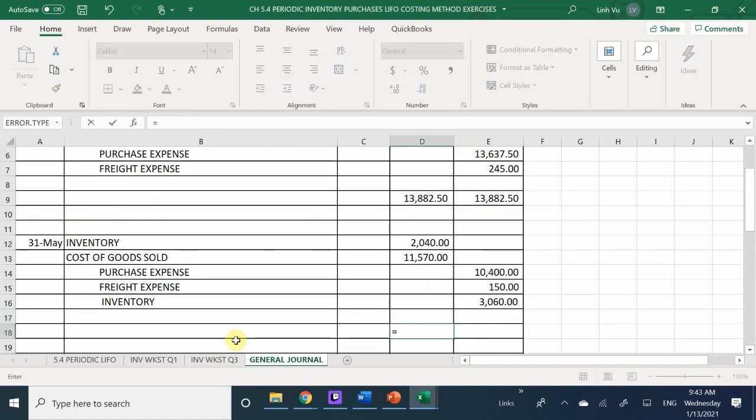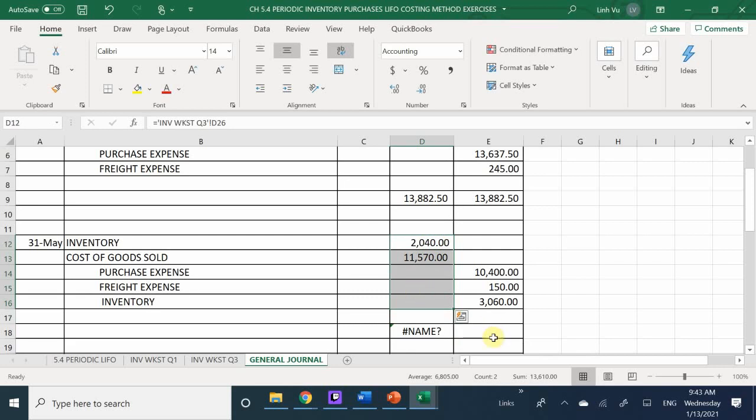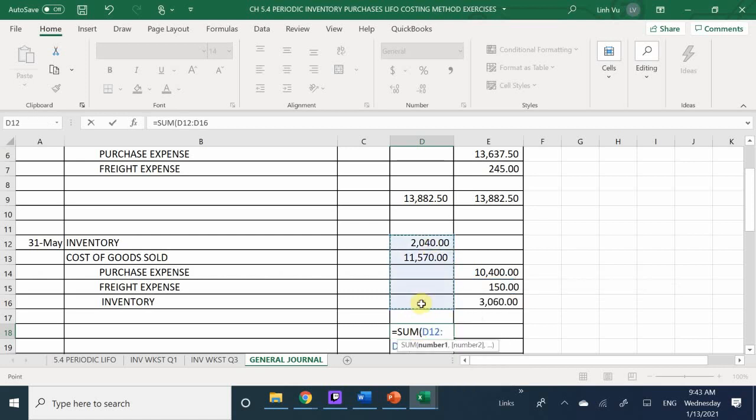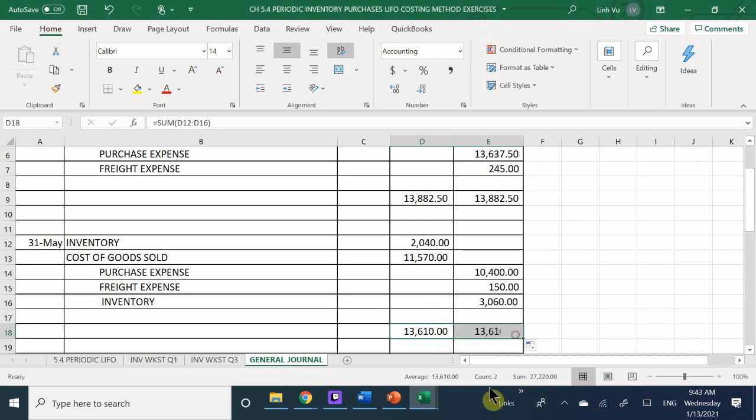I'm going to double confirm that my debits equal my credits here. Oh, I didn't even press enter. Equals sum. 13,610. Yes, 13,610. And is that equal on both sides? 13,610.